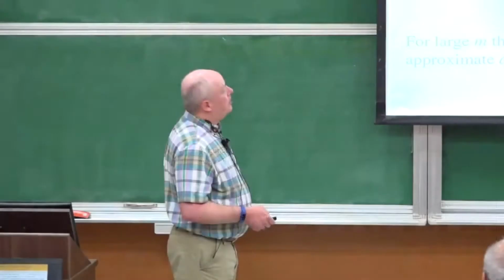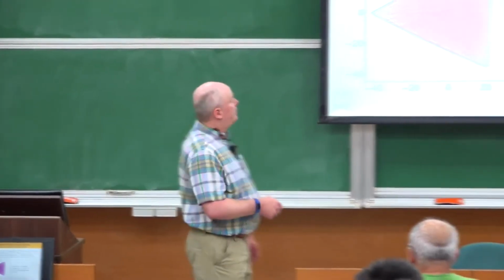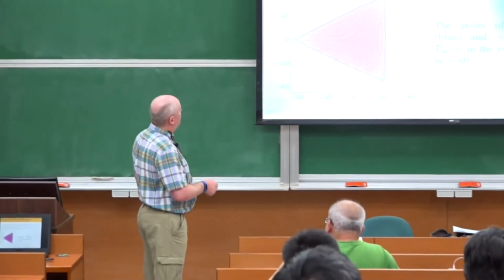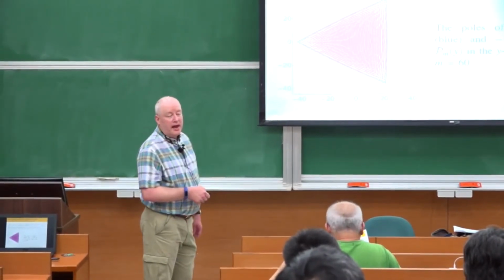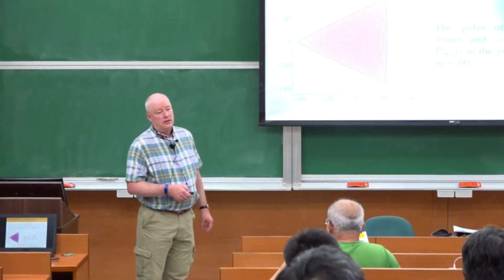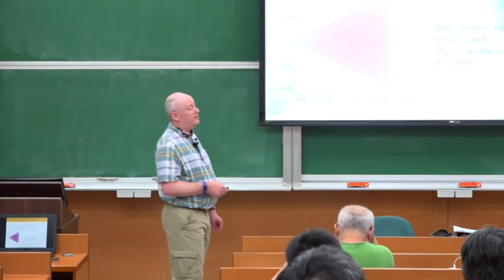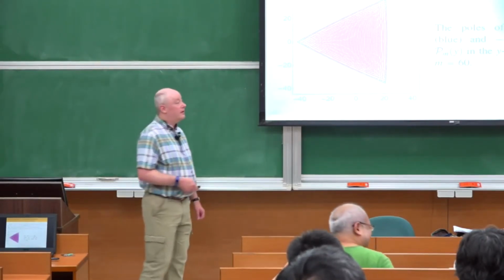Sorry? Sum of residues. The total sum of these residues is not 0 because the point at infinity gives a residue. It's a fixed number? Yeah, it's m. The sum of the residues is m. So these poles are in fact zeros of U_m.